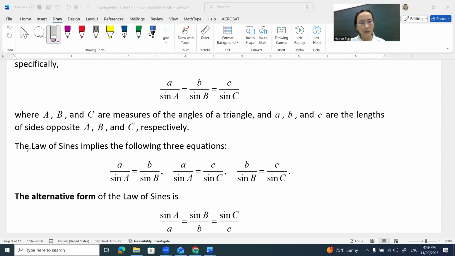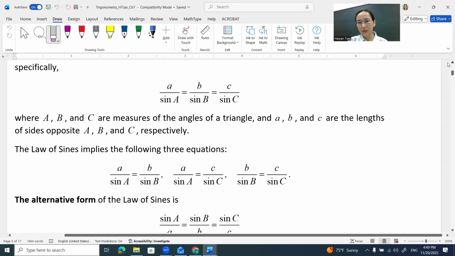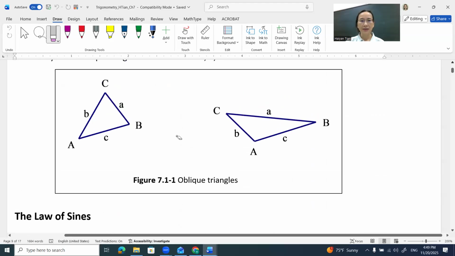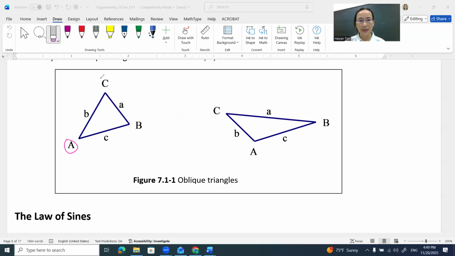And by the way, about the capital ABC and the lowercase abc, recall that we adopt the custom that the capital ABC are angles of a triangle, and the lowercase abc are the respective sides.